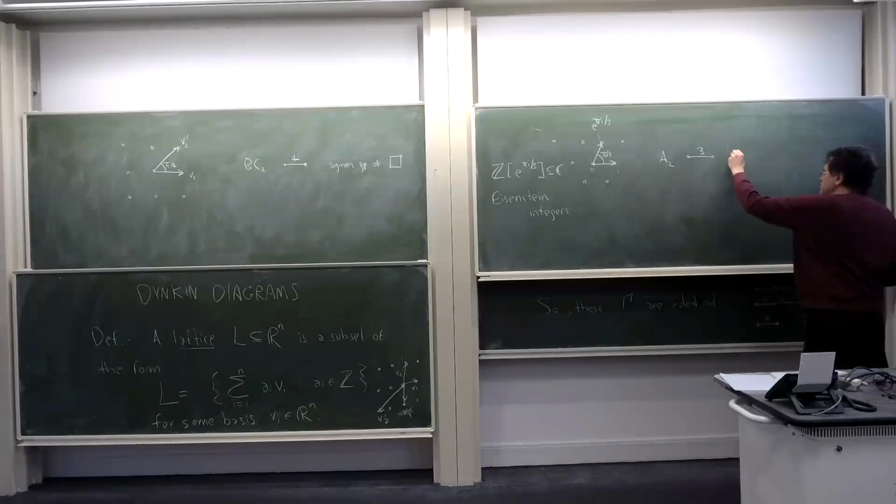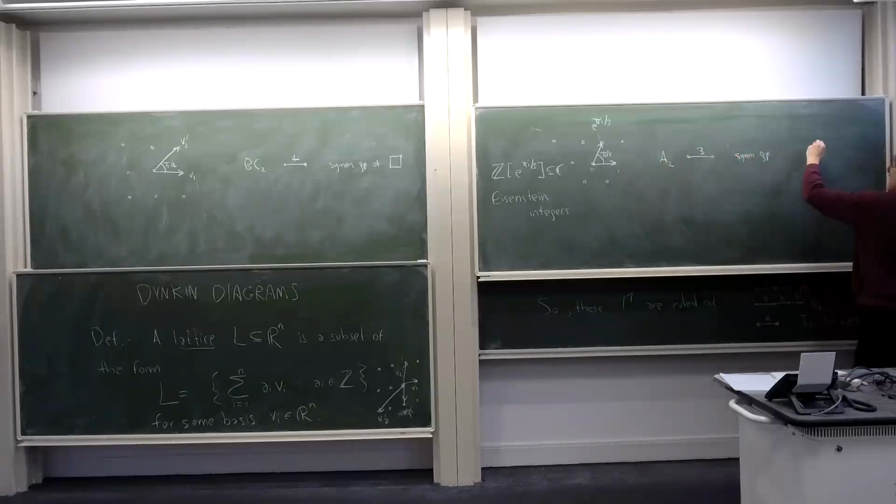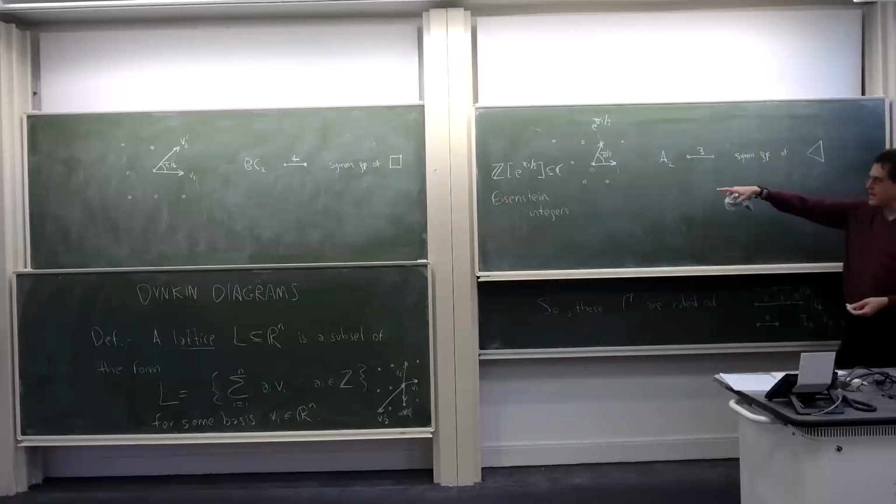And so this is the symmetry group. If you work it out, you can think of it as the symmetry group of an equilateral triangle, for example, this equilateral triangle here. So that's one way to make the Eisenstein integers, that lattice, into a root lattice.